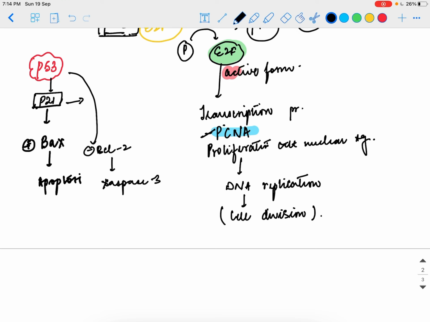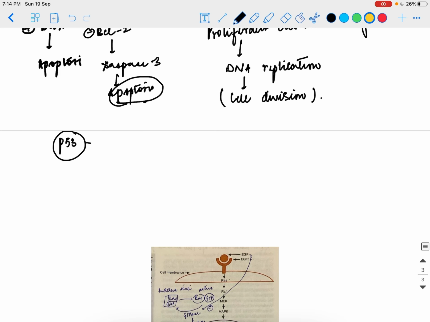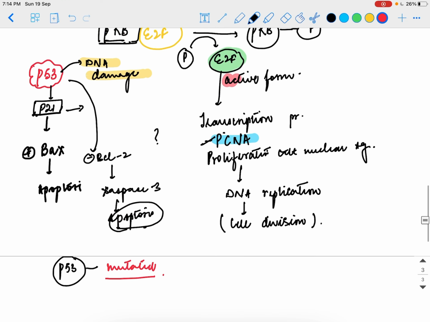So caspase 3 will remain active and it will stimulate apoptosis. p53 also controls DNA damage. So what happens if p53 gets mutated? The DNA damage, that is, the RAS oncogene mutation, will not be detected by p53.